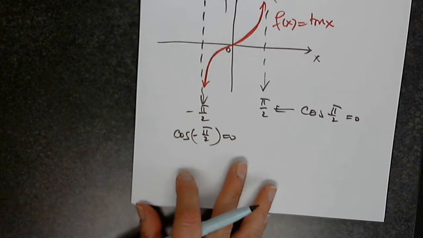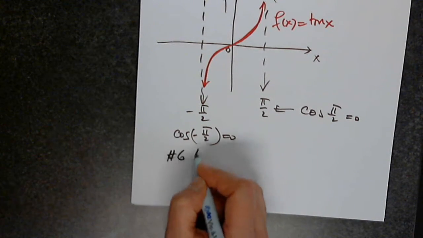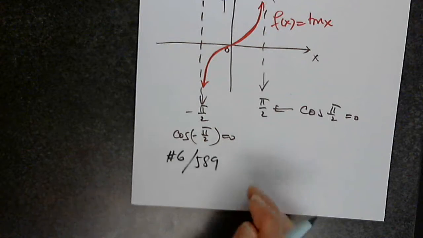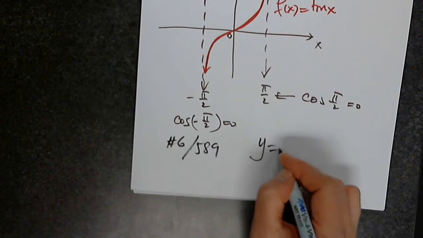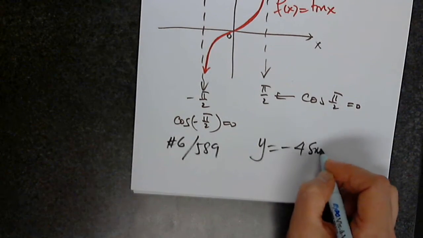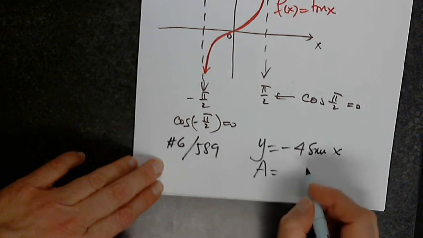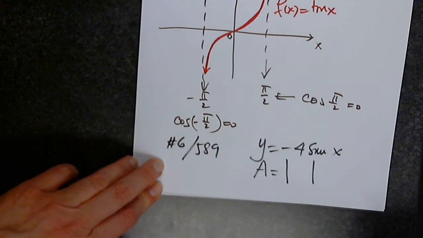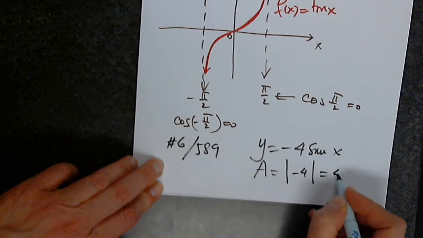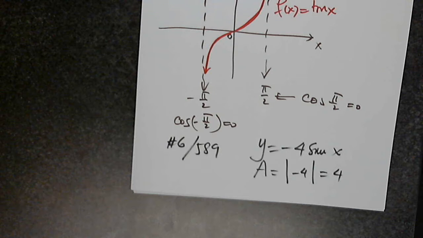So let's look at problem 6 on page 589. Y equals negative 4 sine x. We just talked about something similar. Can anyone give us the amplitude, which has to be the absolute value of negative 4, which is 4. So when you graph it, its maximum value will be 4, its minimum value will be negative 4.